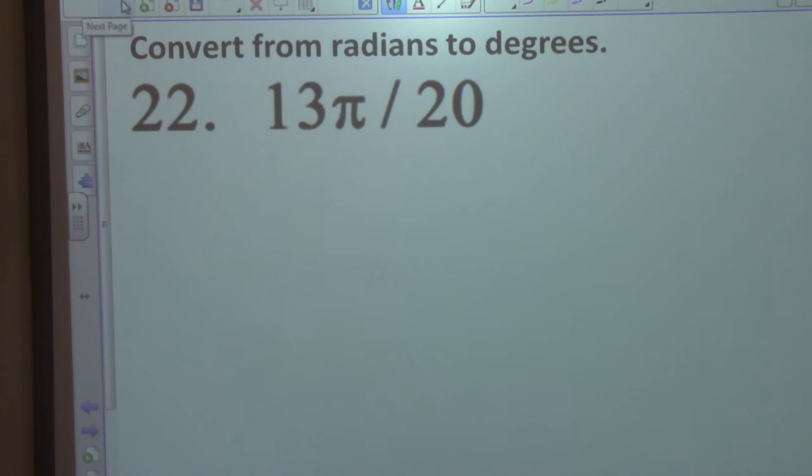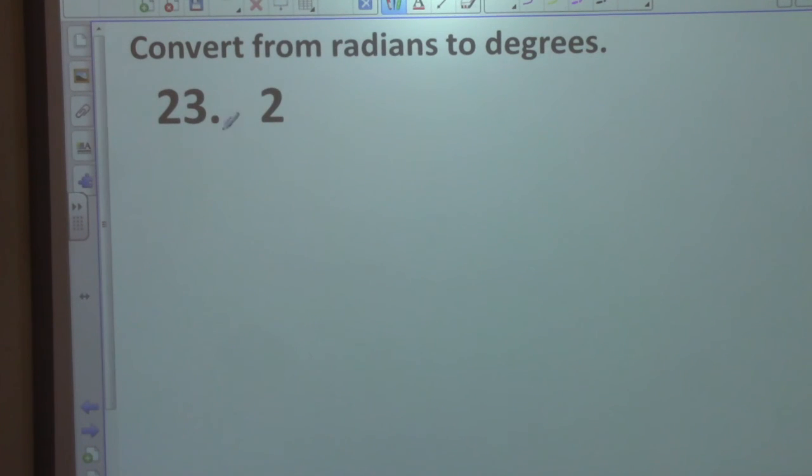Okay, I just want to wrap up with this one right here. Radians to degrees. We're still going to multiply by 180 over pi, but here we have 2 radians. The reason we know it's radians is it says convert from radians to degrees. So we cancel radians over radians, but we don't cancel out pi.